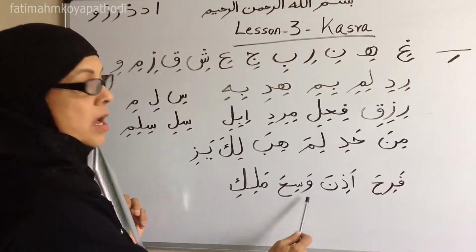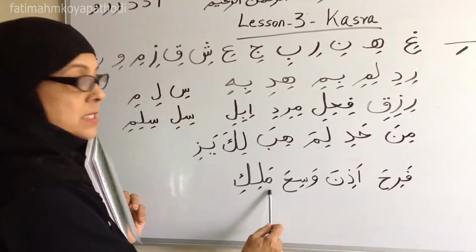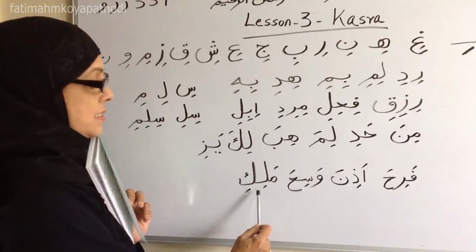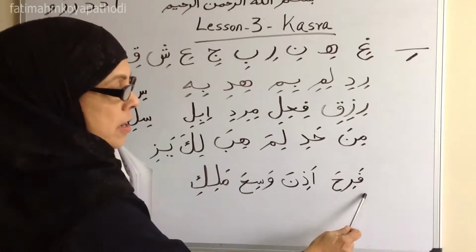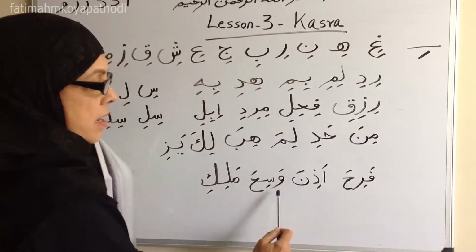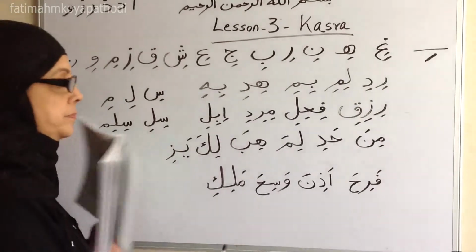A, fatha sound. Wa, si, a. Ma, fatha sound. Li, kasra sound. Ki, kasra sound. Ma, li, ki. Fa, ri, ha. A, ri, na. Wa, si, a. Ma, li, ki.